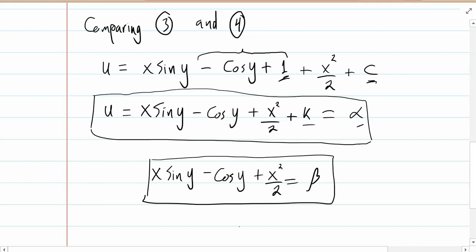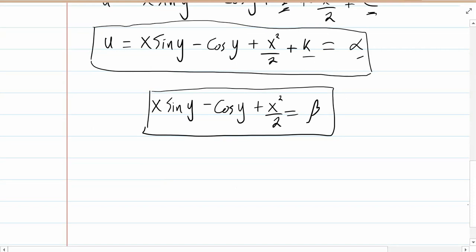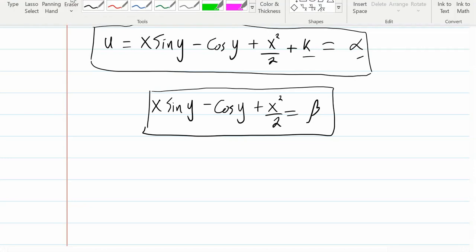Now the next step will be to confirm that this is actually true. So to do that, I take this equation and copy it into the new page.